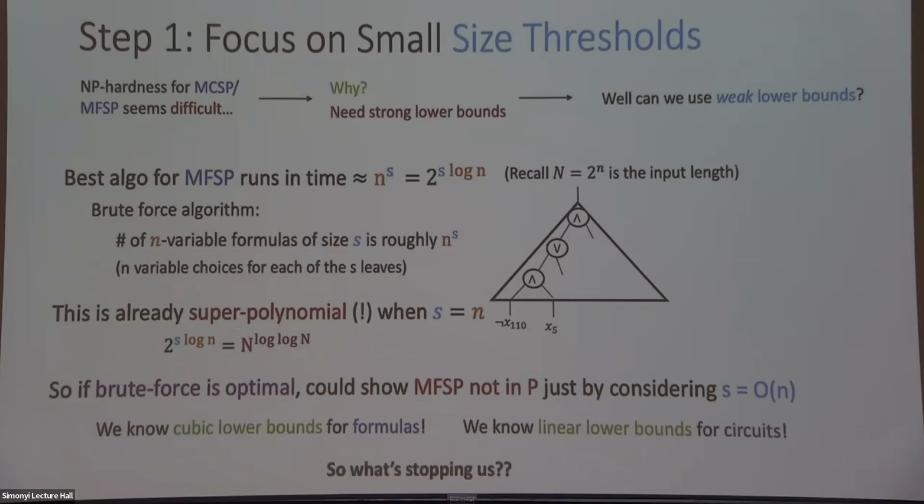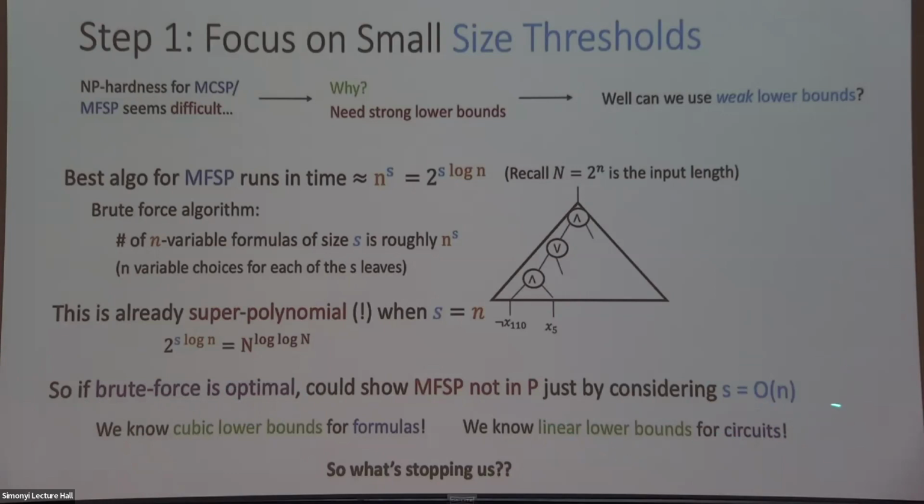If this brute force algorithm isn't optimal, then there would be limits to how good of crypto you could get, because algorithms for MCSP or MFSP can be used to defeat crypto. So non-trivial algorithms for this problem would show that you couldn't get really strong cryptographic things. If that didn't make sense, don't worry about it. But anyway, if brute force is optimal, you could hope to show lower bounds in the small size regime.